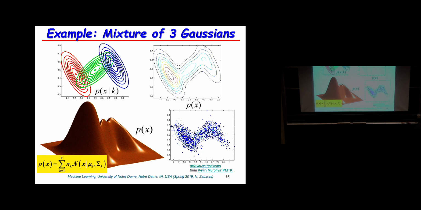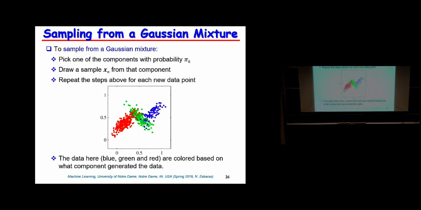And in principle, if you want to draw the samples, what you need to draw is first the index k with probability pk, and then for each k that you select, you generate an x from this Gaussian N of x given mu k and sigma k. All right, so this would be the ideal problem, right?